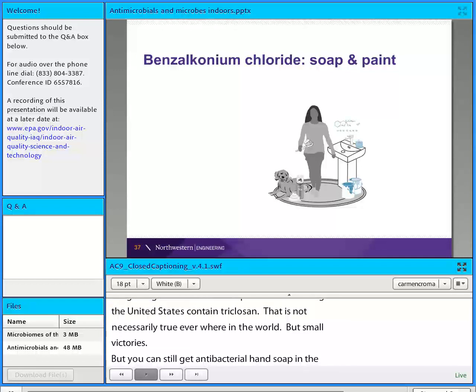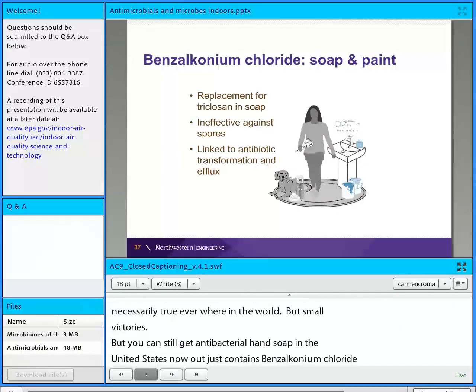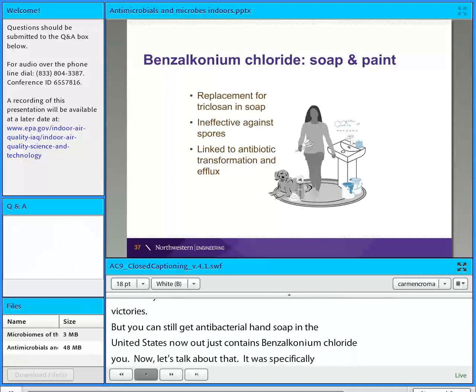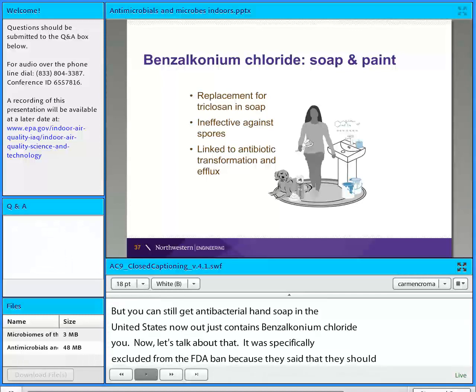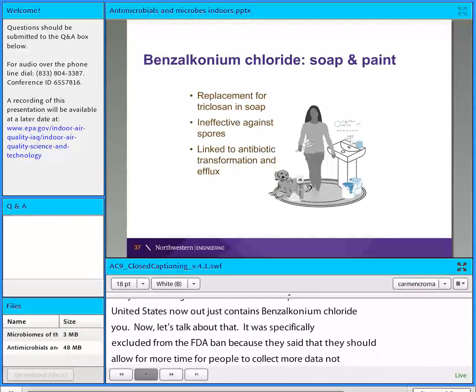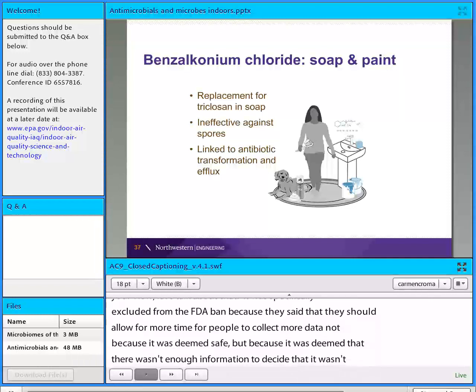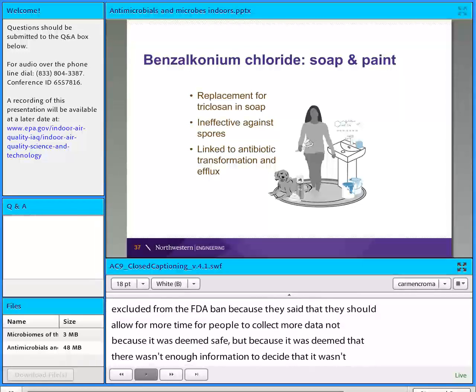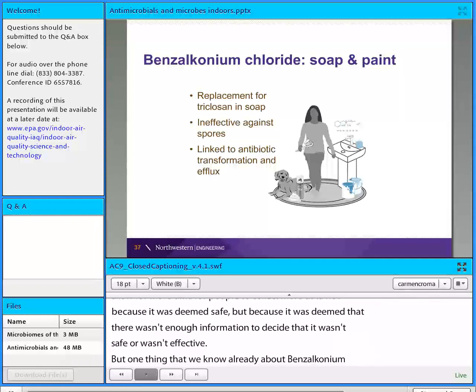So let's talk a little bit about benzalkonium chloride now. It was specifically excluded from the FDA ban because they said they should allow more time for people to collect more data, not because it was deemed safe, but because it was deemed that there wasn't enough information to decide that it wasn't safe or wasn't effective. But one thing that we know already about benzalkonium chloride and quaternary ammonium compounds is that they are ineffective against spores.